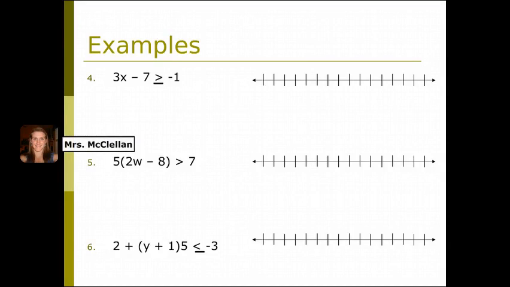Okay, so now that we've practiced graphing our solutions, we need to practice solving the inequality and then graphing our solutions. When you're solving your inequality, again, it's just like solving equations. You use the same steps. So in order to isolate x, the first thing we need to do is add 7 to both sides.